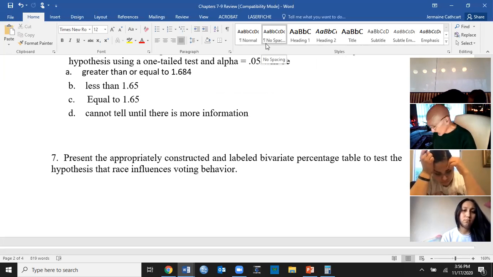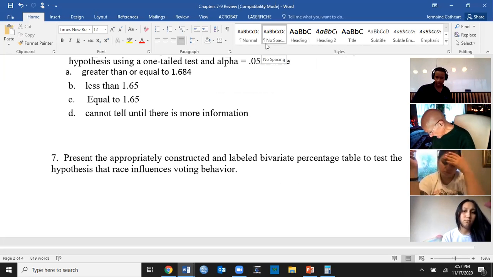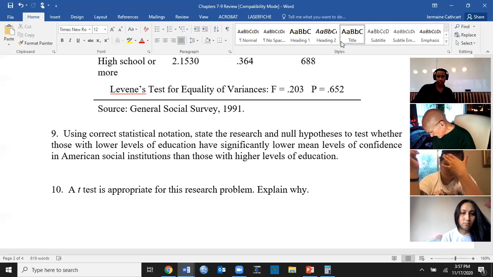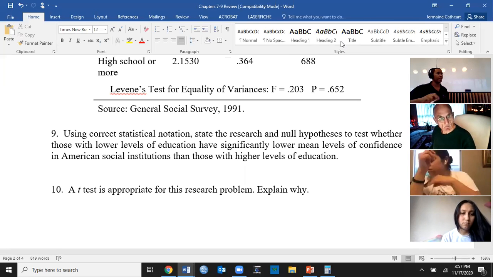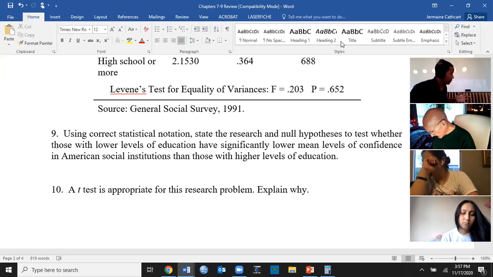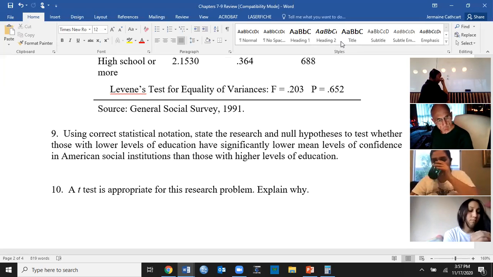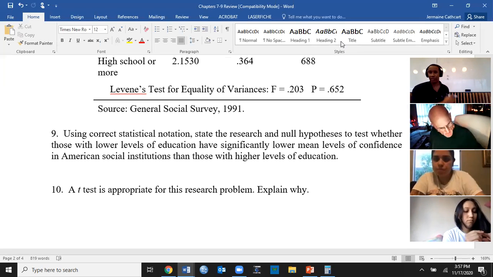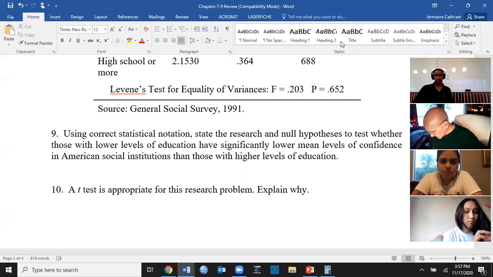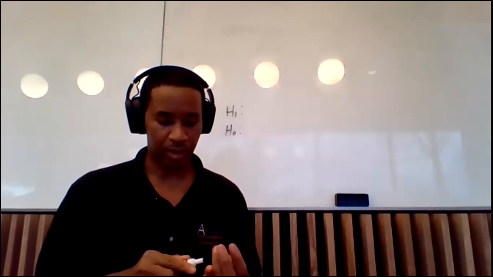How would we write the research and the null? We're going to start off the research hypothesis with H subscript 1, right? And the null hypothesis, would it be H subscript 0? So where are we going from here? We have a 2-sample t-test.